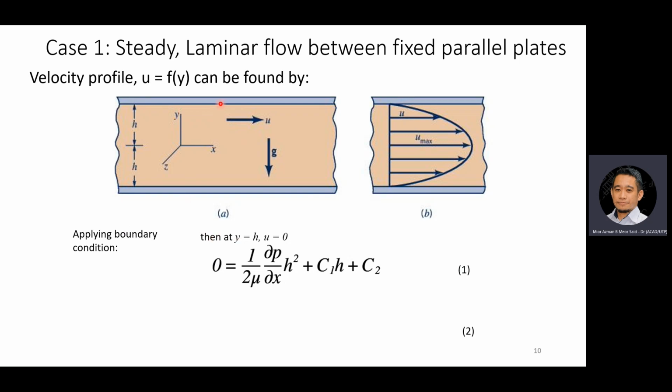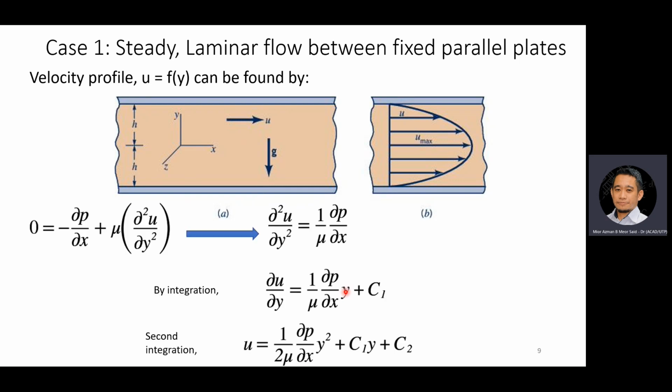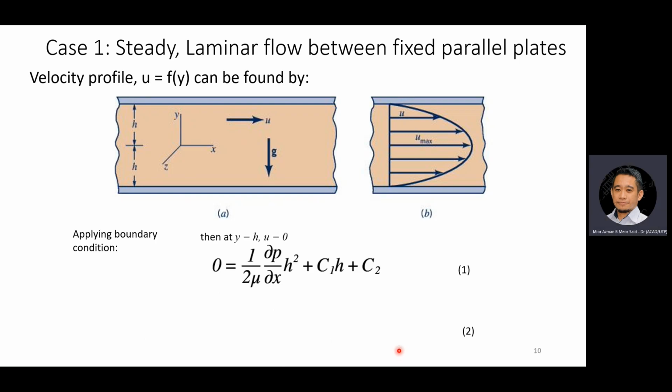At the parallel plate, whether at the upper part or the lower part, the velocity touching the plate will equal 0. So at y equal to h, the upper plate, u equals 0. You put that into the equation here and solve for C2.